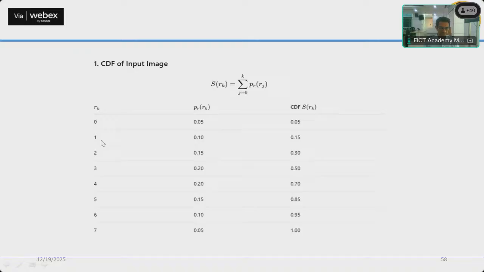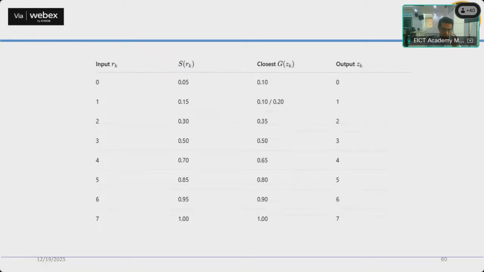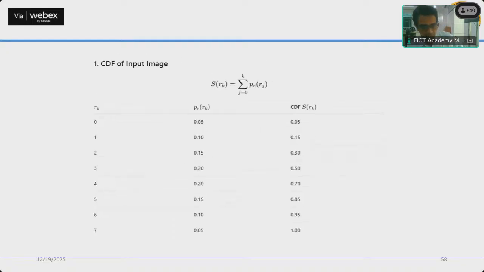So we calculate the CDF of the first image, then calculate the CDF of the desired image. The total pixels, and the input S of R k is given.